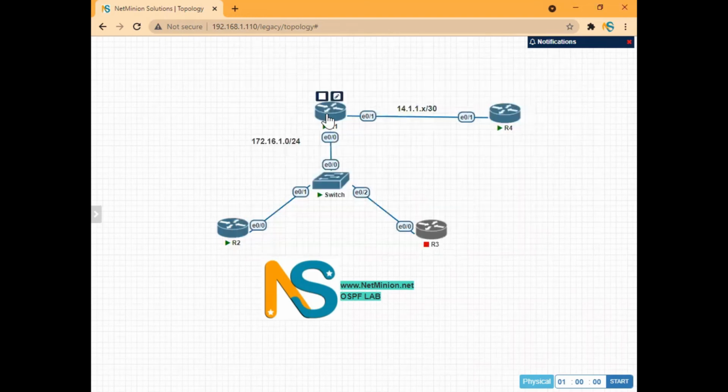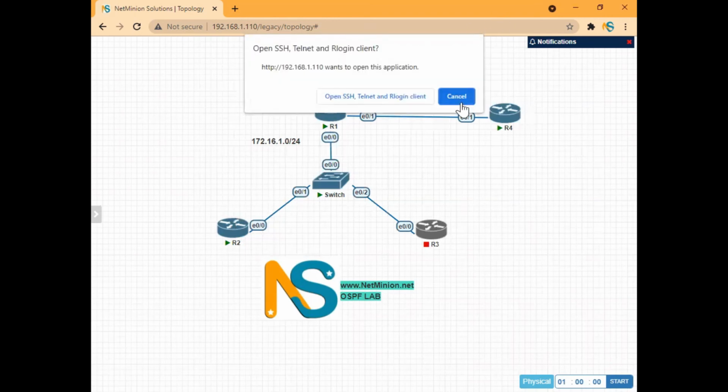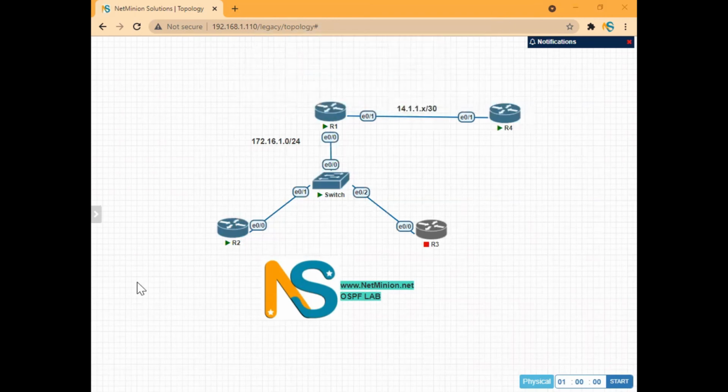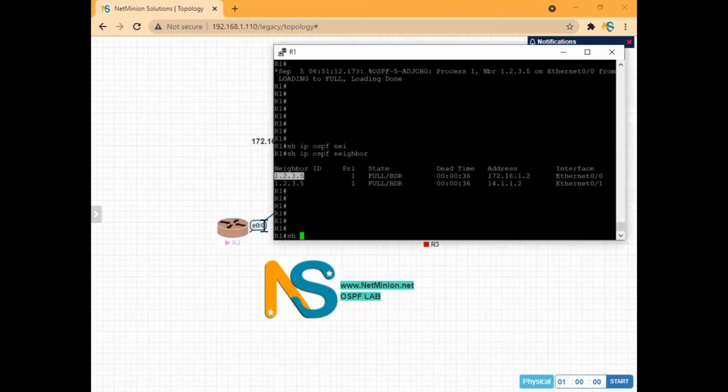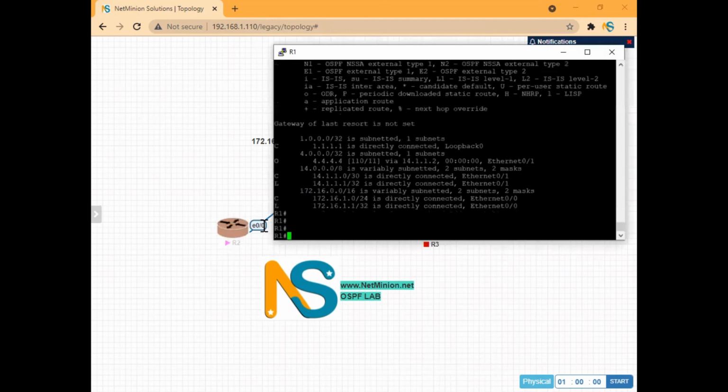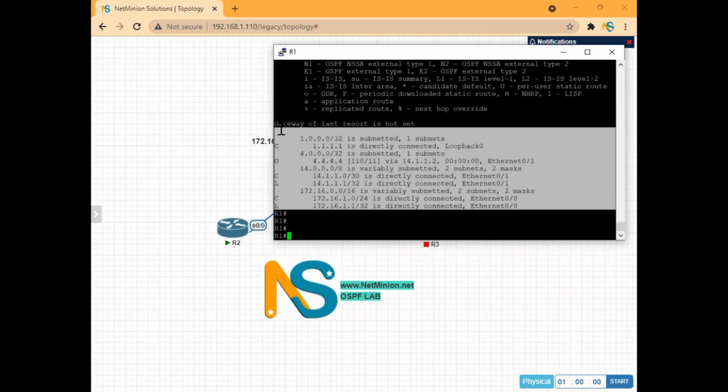If I go to R1, okay, I have already opened. I will check show IP route. Where is 2.2.2.2? That is not present.